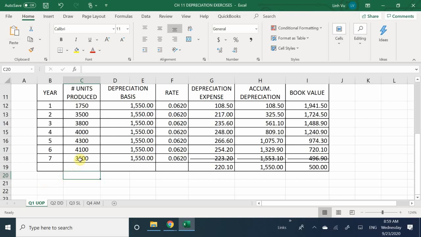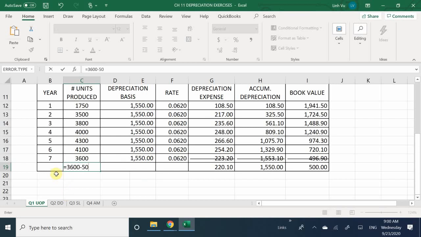But in this case, we know that this can't be, it's too much over 50, right? It's over by 50. So in this case, if you'd like to solve it going backwards or forwards, you can change this number to reflect whatever, 3,000 minus 50.